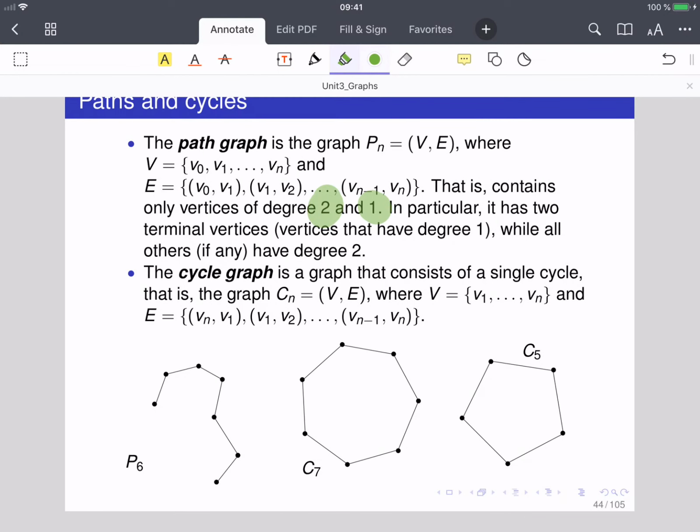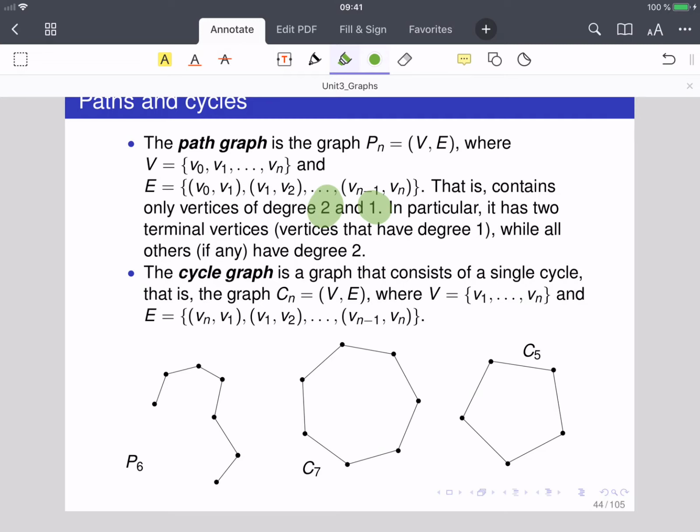Okay, so this is another situation in which we can know the different numbers of the graph. The number of edges is n, the number of vertices is n plus 1, and the degrees are either 2 or 1, depending on whether they are terminal, they are at the end, or they are in the middle of the path.